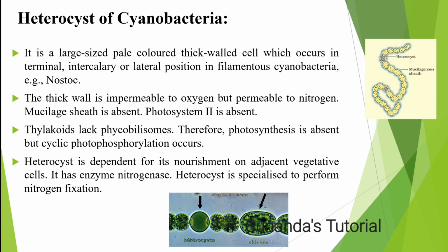The thick wall is impermeable to oxygen but permeable to nitrogen, because here the mucilaginous sheath is absent and photosystem II is absent in those cells. Heterocystous cells, or heterocysts, are specialized cells. They are impermeable to oxygen but permeable to nitrogen, so they help in the process of nitrogen fixation.